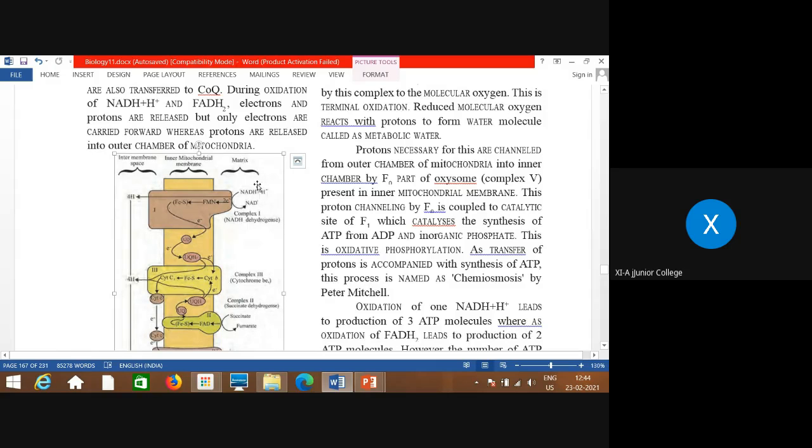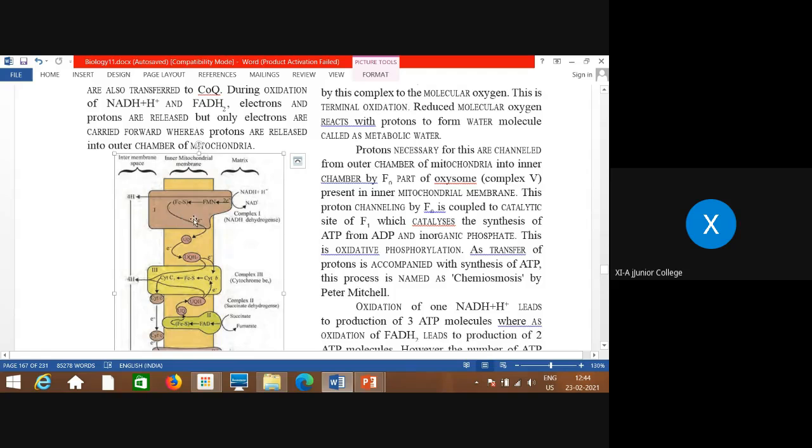So NADH2 first gets oxidized in the presence of the enzyme NADH dehydrogenase and gets converted into FMN. During this process, electrons are released and some amount of energy is released, that is stored in the form of ATP first. This is the first step where ATP is released.